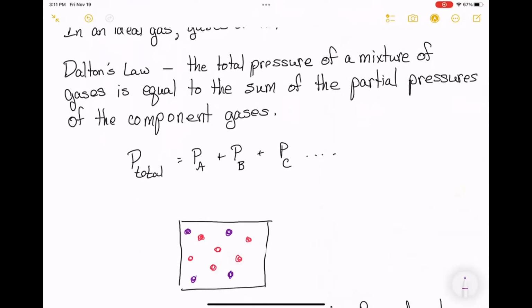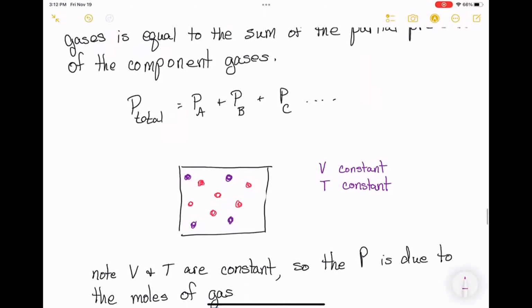And one of the things I tried to make note of is that the volume was a constant. It did not change. And the temperature was a constant. It did not change. So the only two things that changed were the pressure and the amount of gas.